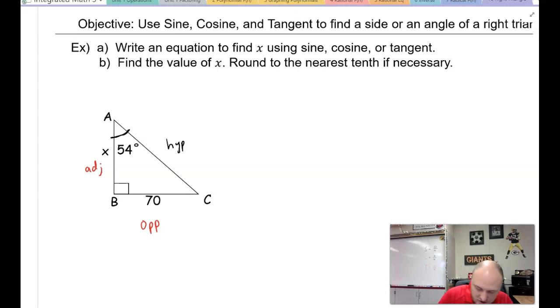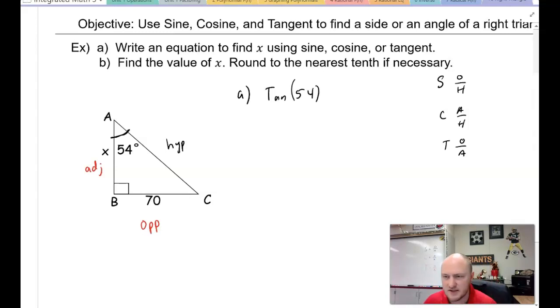So my equation for part A, here's SOHCAHTOA. Opposite and adjacent is tangent. So tangent of the angle always goes inside the trig function, is equal to opposite, that's 70 over adjacent, which is x.